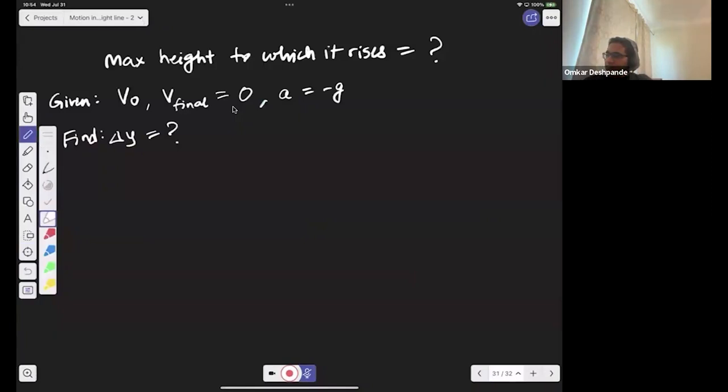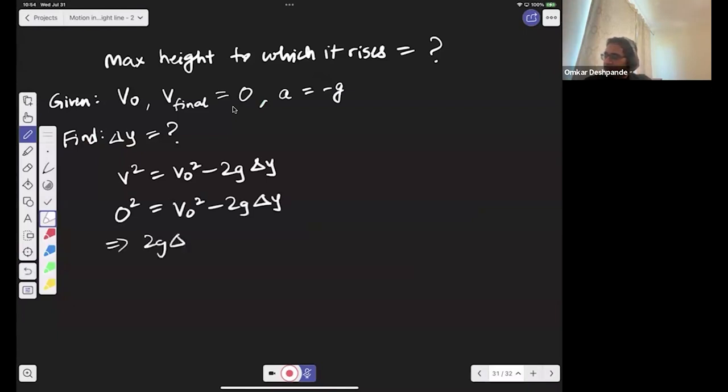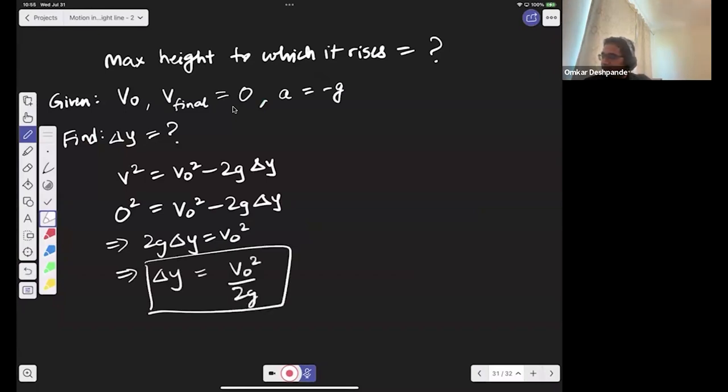So v final squared, we'll work with this equation. 0 squared is v0 squared minus 2g times delta y. And this gives us 2g delta y is v0 square. So delta y is v0 square over 2g. This is the maximum height.